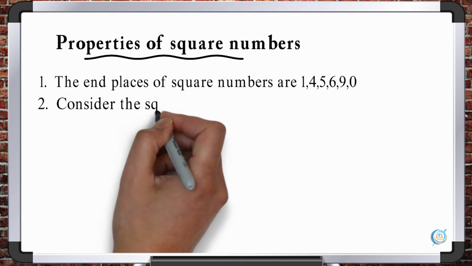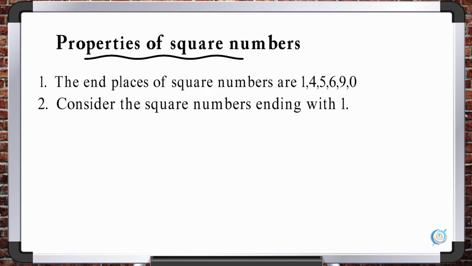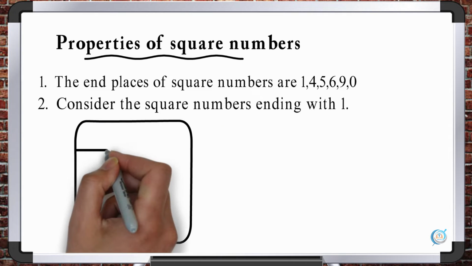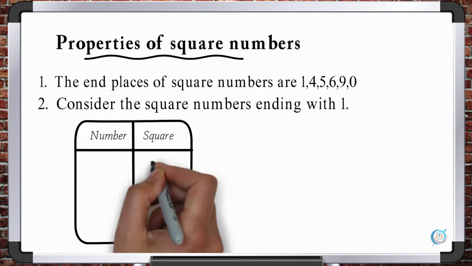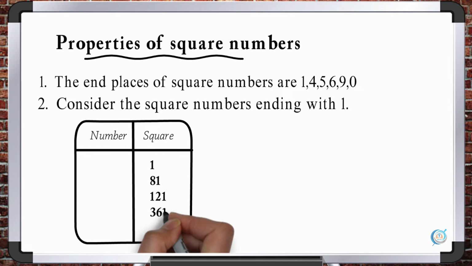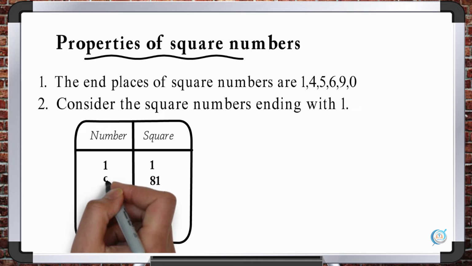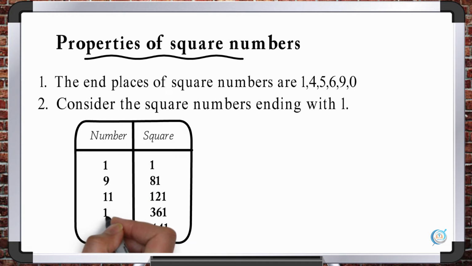Consider the square numbers ending with 1. From the table we can see that the square numbers such as 1, 81, 121, 361, 441, all these numbers end with 1. 1 is the square of 1, 81 is the square of 9, 121 is the square of 11, 361 is the square of 19 and 441 is the square of 21.